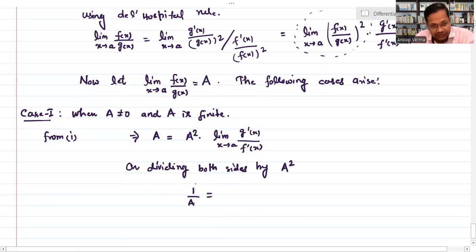So it will be equal to 1 upon a, and this will be the limit x tending to a of g dash x upon f dash of x.